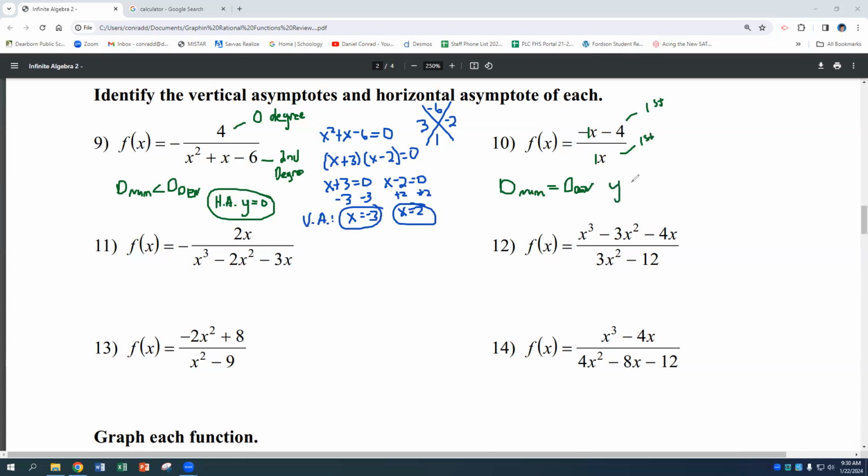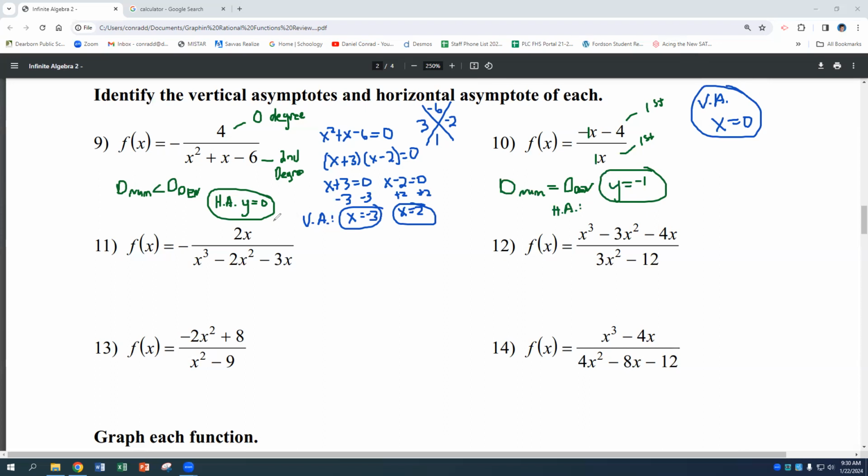So y is going to equal -1. -1 over +1 is going to give us -1. That's my horizontal asymptote. Okay, vertical, we're going to set the denominator equal to 0. So my vertical is simply x equals 0. Pretty straightforward there. Okay.